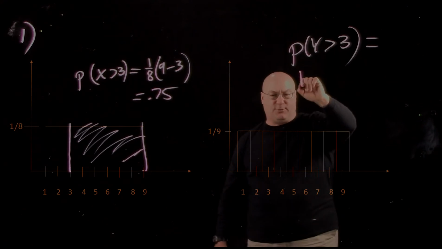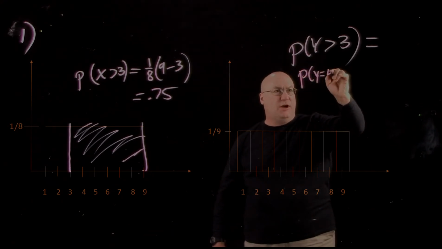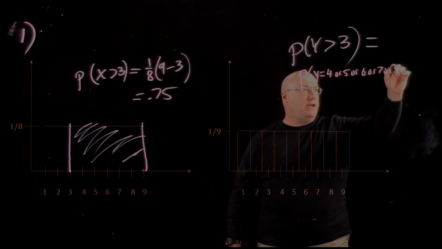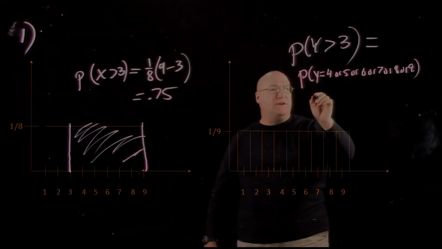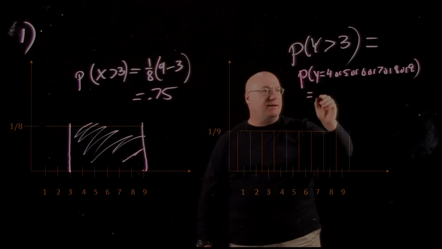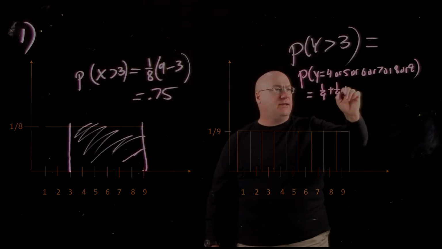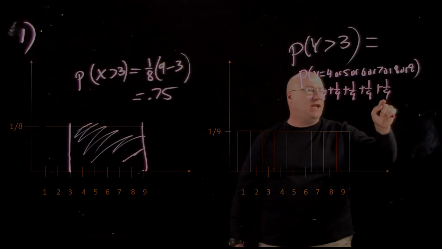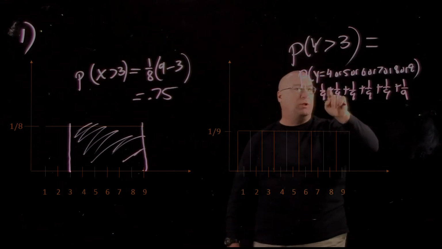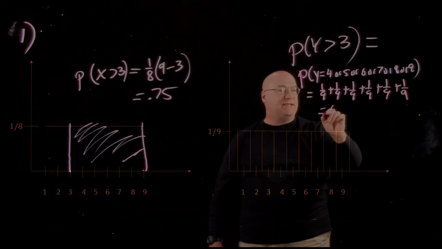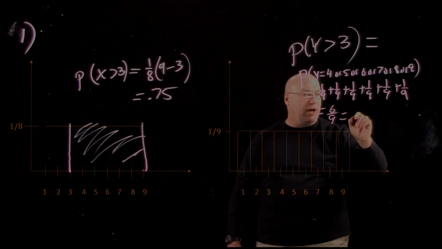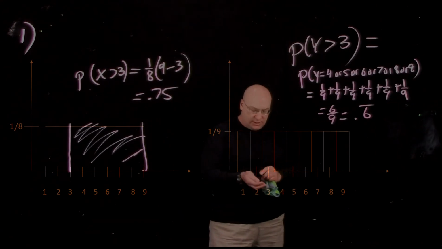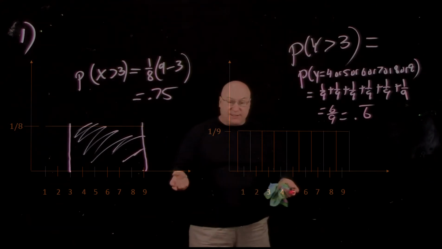So it's the probability that y equals 4, or 5, or 6, or 7, or 8, or 9, which is 1/9 plus 1/9 plus 1/9 plus 1/9 plus 1/9 plus 1/9. That's 6/9, which is 0.66666 forever, so it's 2/3. Okay, so that's number 1.